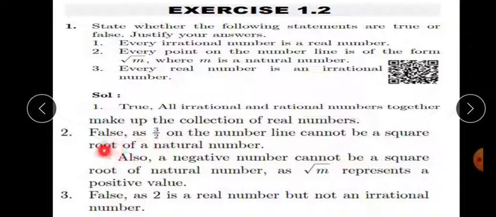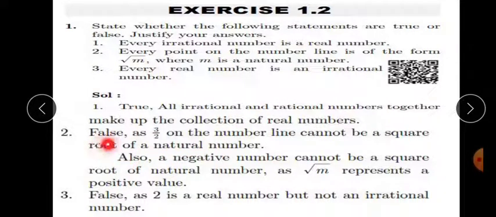Now see one example. Let us take 3 by 2. The root of 3 by 2 we cannot express, we cannot draw on a number line. If I take a negative number, the square root of a negative number also we cannot draw on a number line.